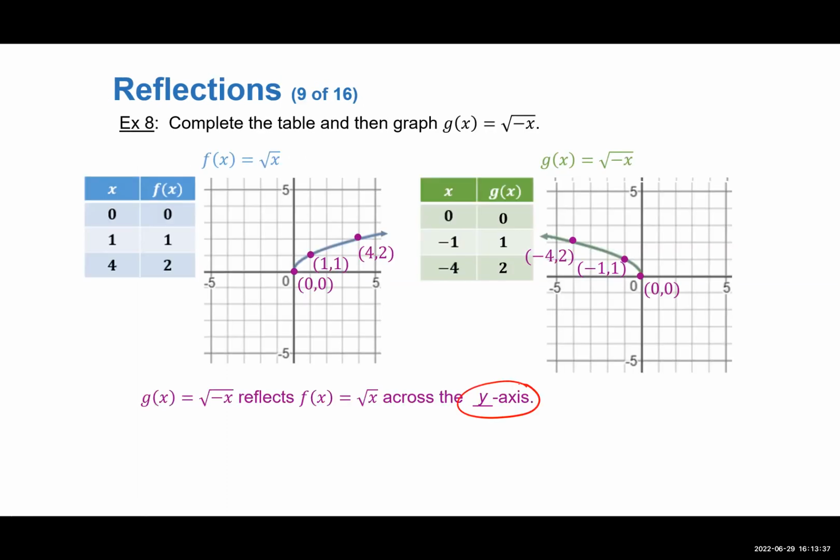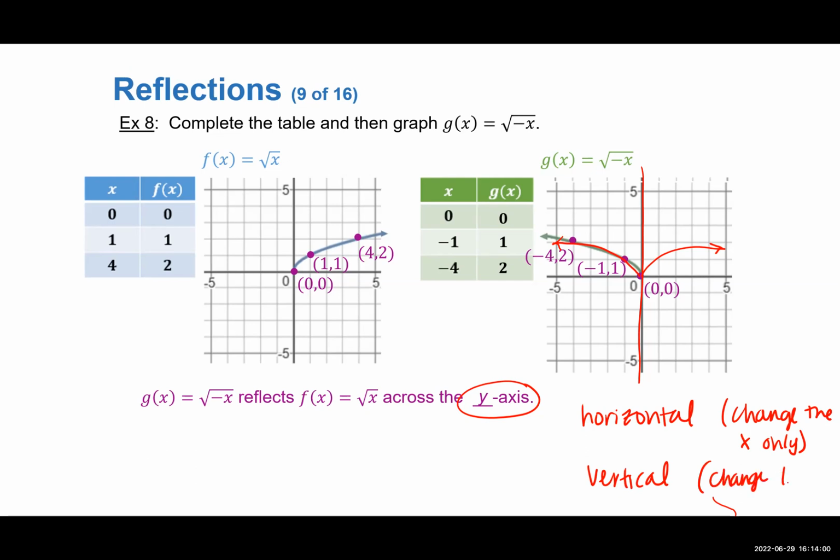This is the y-axis, but that just means it flipped horizontally. So it went from there to there, okay? So anytime you want to make a horizontal change, you change the x only. Vertical changes change the entire function.